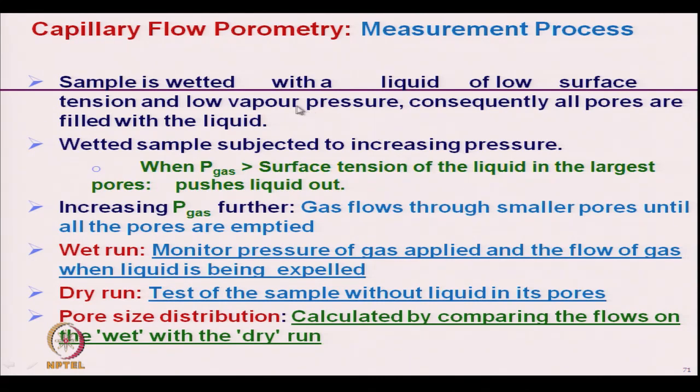So, this is called the wet run. In the wet run we monitor the pressure of gas applied and the flow of gas when liquid is being expelled. Then we monitor the pressure and flow rate with the same specimen without any liquid.